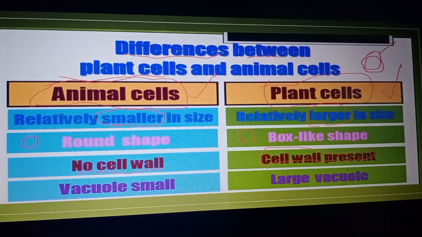So this one is your cell wall. While on the second line is your cell membrane. This is your cell membrane. Okay, cell membrane. I can't write it anymore. It's difficult. Membrane.